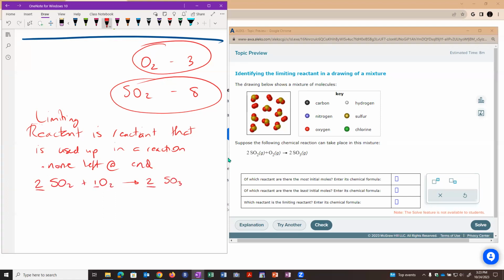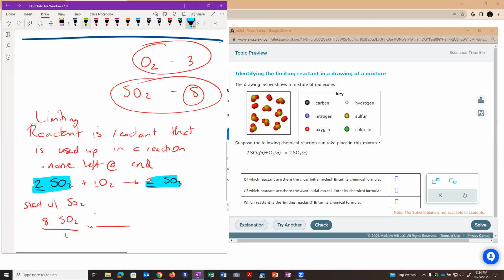So the way that we can approach any limiting reactant problem is to do 2 sets of calculations. We start with each of the reactants. So we're going to start with the SO2, and we have 8 moles of the SO2. So we can say 8. We'll just use SO2 for right now. And according to our chemical equation, 2 moles of SO2 produces 2 moles of SO3, right?